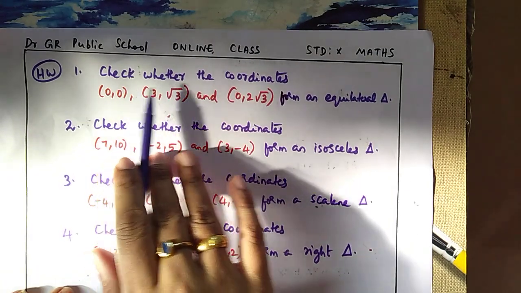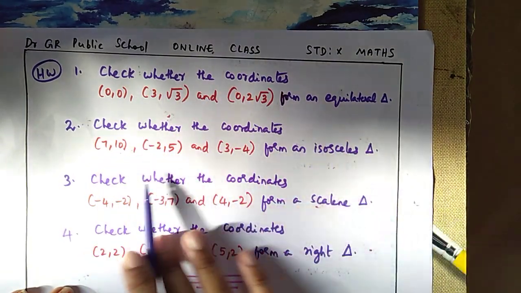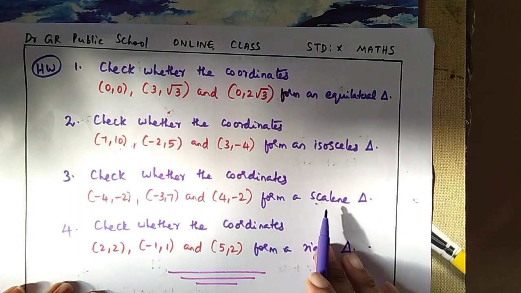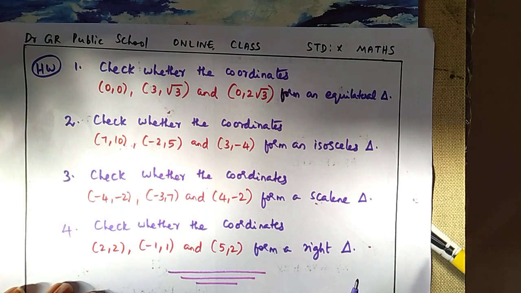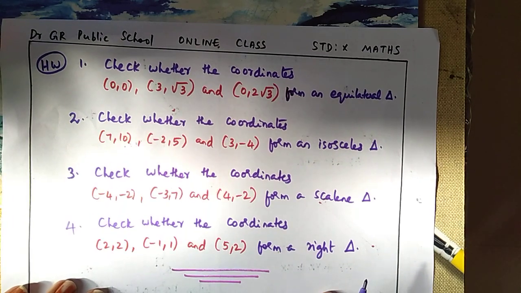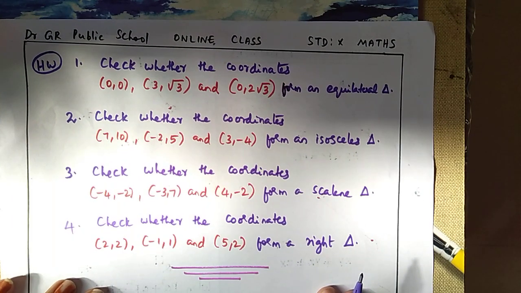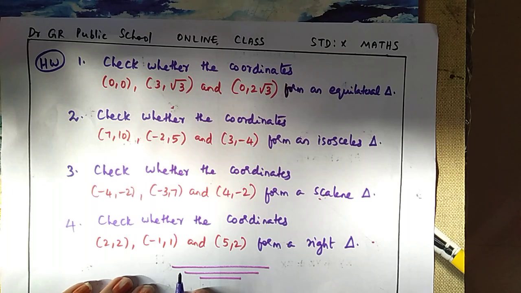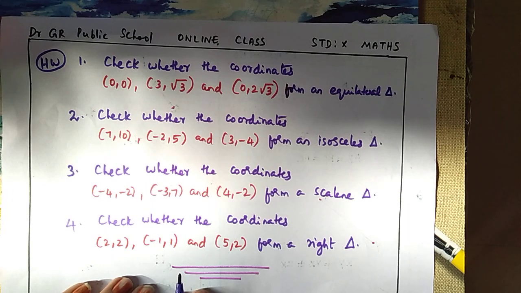First one is for checking an equilateral triangle. Second one for isosceles triangle. Third one for scalene triangle. And fourth one for right triangle. Okay, so take down all the problems. Do the homework correctly. And complete your notes before the next class.